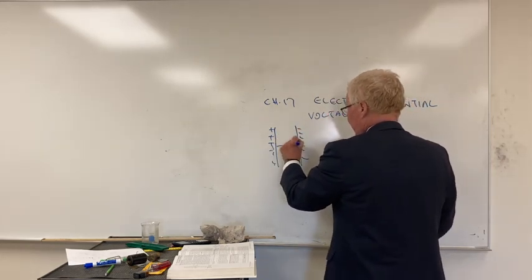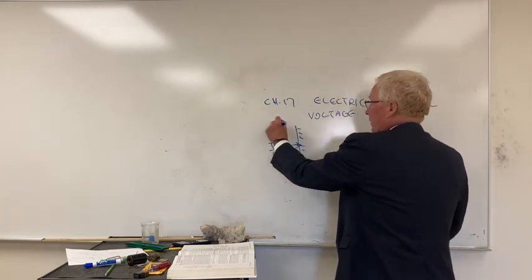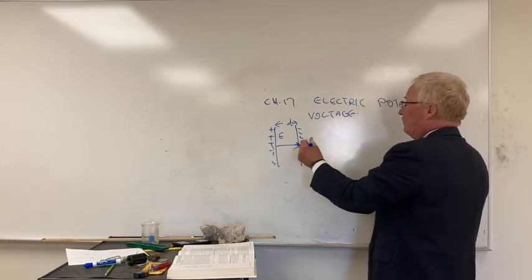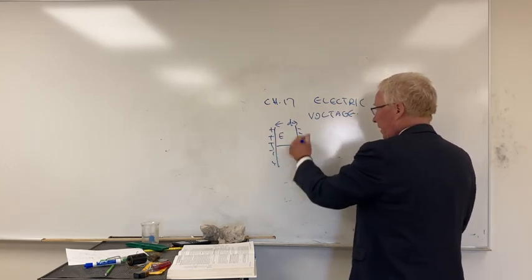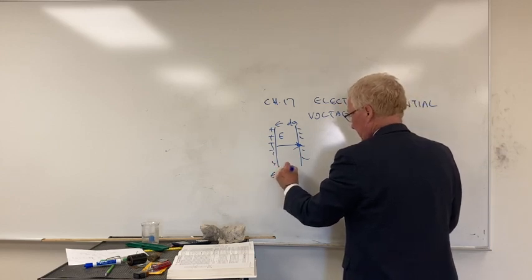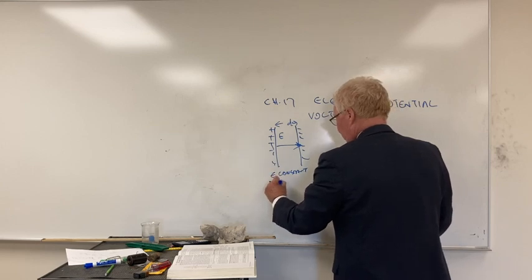We have an electric field between them, and if the separation between them is D, then this is a constant electric field, so E is constant, and that's in units of volts per meter.